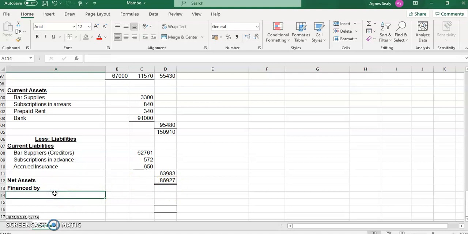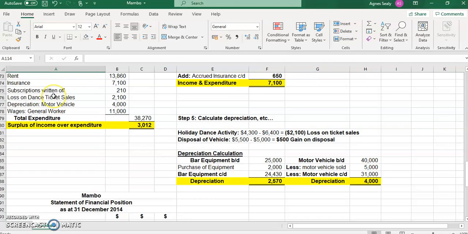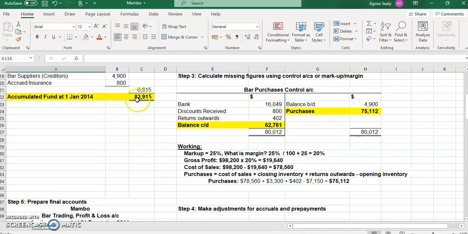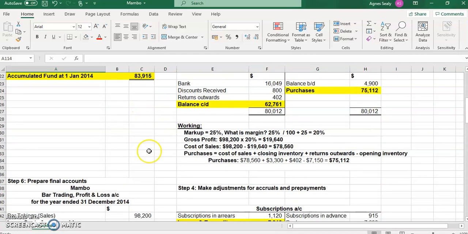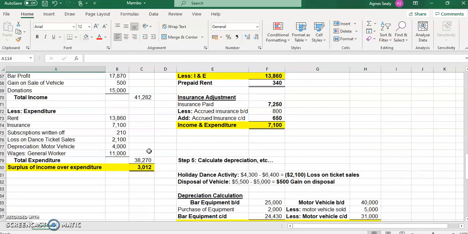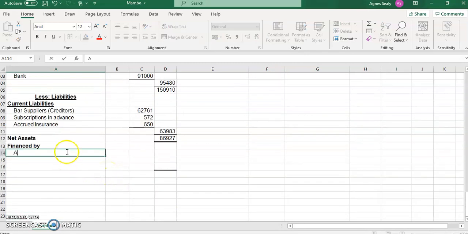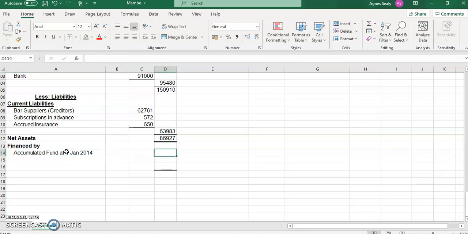And all of this is financed by our opening accumulated fund that we calculated at the beginning of $83,915 and our surplus of income over expenditure of $3,012. So let's put in those two figures. Accumulated fund, you do not write capital, at 1st of January 2014, that is $83,915.